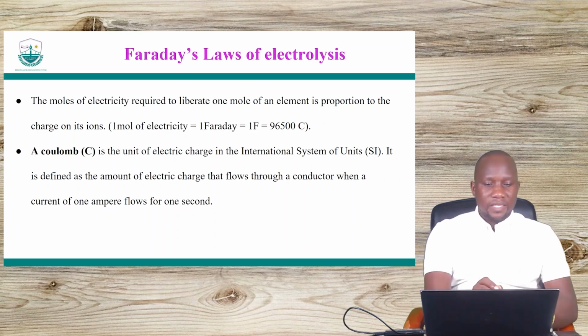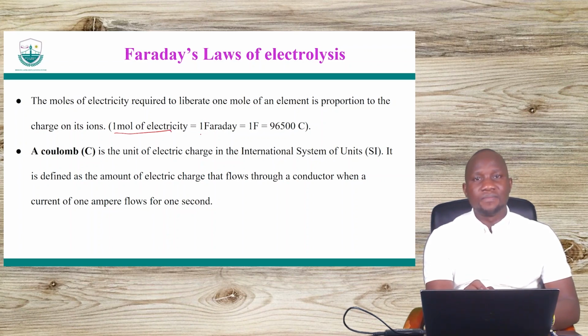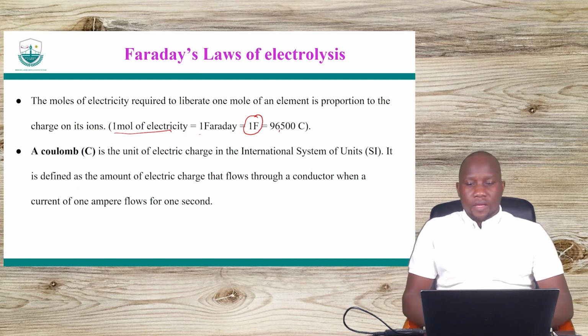So what we are saying here is that 1 mole of electricity is equivalent to what we call 1 Faraday. And 1 Faraday can be abbreviated as 1F. That 1F is equal to 96,500 coulombs.